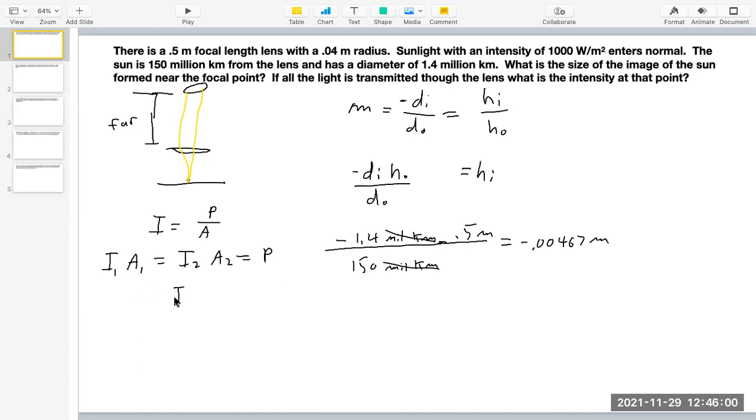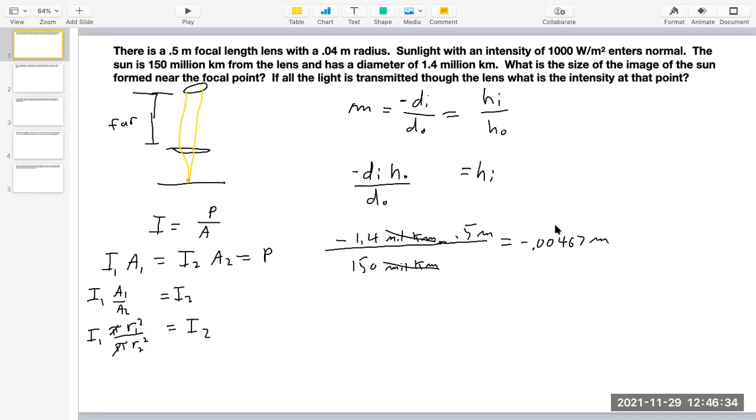So I2. The pi's cancel out, and it's just a ratio of the radius squared.